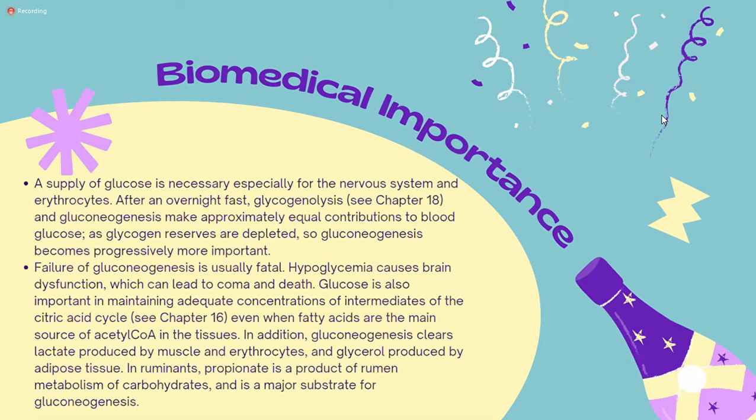We know already that organs that require glucose are the nervous tissue and the erythrocytes, or the red blood cells. Now, however, in extreme fasting, the nervous system will shift to another use of fuel, and that is it can use ketone bodies.